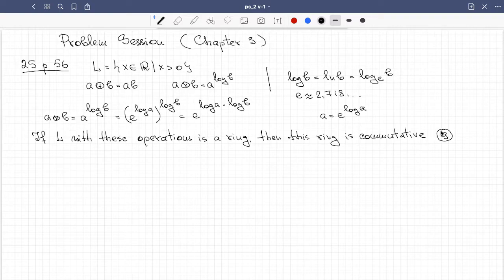There is a bunch of questions in this exercise. They ask whether this is a ring, whether this is a commutative ring, and finally, I believe, but let me double check how they ask that.